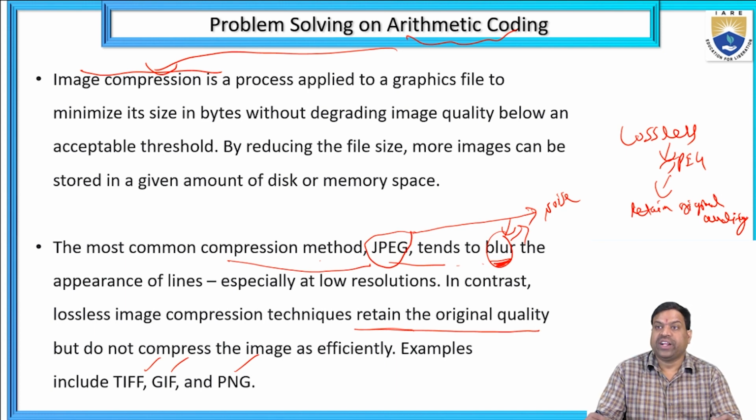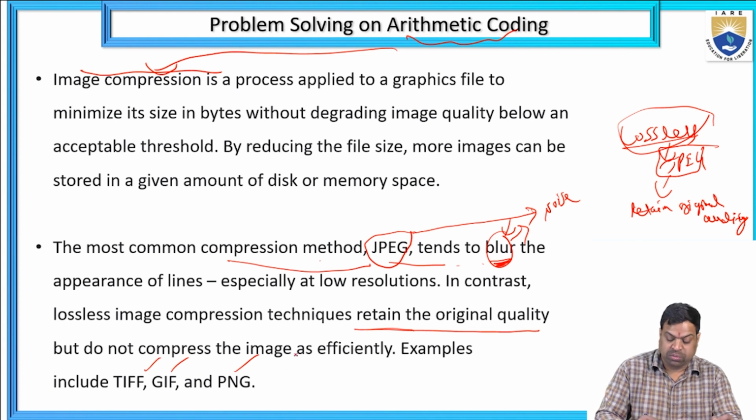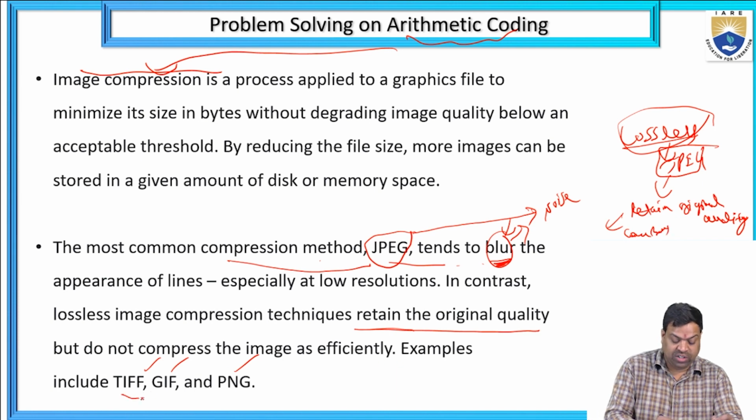It is possible to retain the original quality only with a lossless image, but it does not compress the image, it only retains it. Examples are TIFF, GIF and PNG, which are the lossless image compressions.